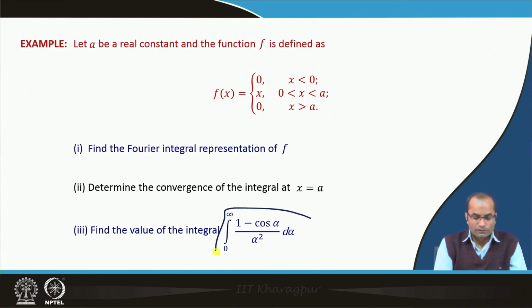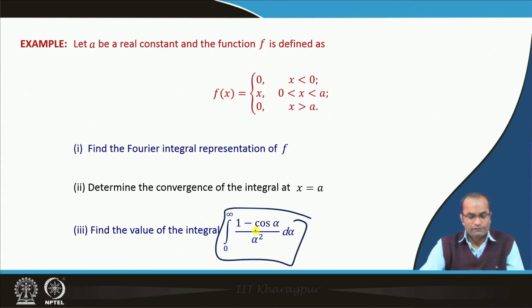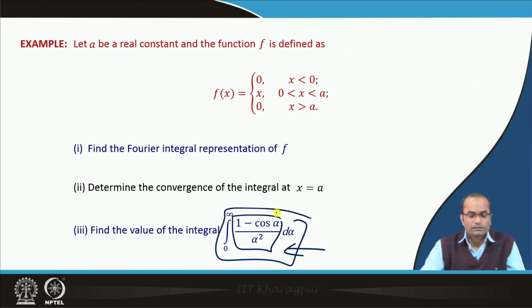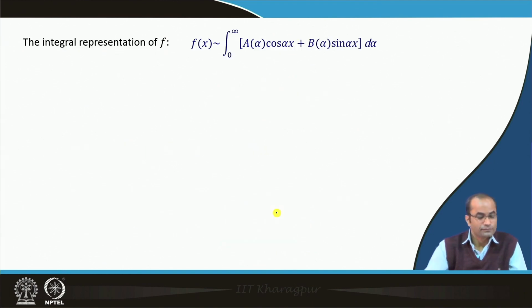Here also we will see how to get the value of the integral of (1 minus cos alpha) over alpha square. As you notice, this is not a trivial integral to evaluate, but using this Fourier integral representation and this convergence theorem, it can easily be obtained.